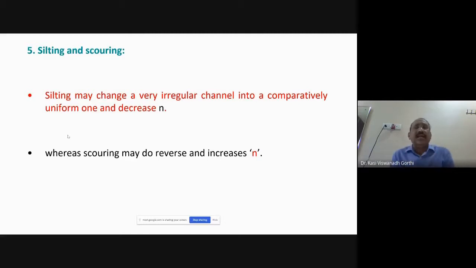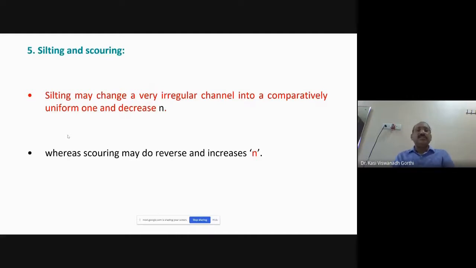Then it is called erosion or scouring. The soil particles are carried along with the flow of water, and they settle down at a section where the velocity is less. Under lesser velocity conditions, the soil particles tend to settle onto the bed and sides of the canal. This is what is called silting, deposition, or sedimentation.